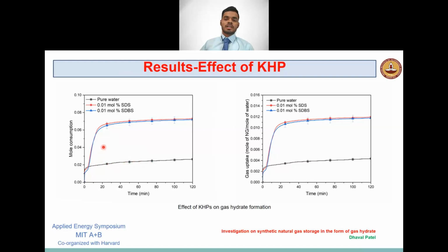But if we use the kinetic hydrate promoter, here we have used SDS and SDBS at 0.01 mole percent concentration, we get around 0.06 mole consumption, and it takes very little time. A similar graph can be observed for gas uptake. Gas uptake is nothing but moles of the natural gas per mole of water.